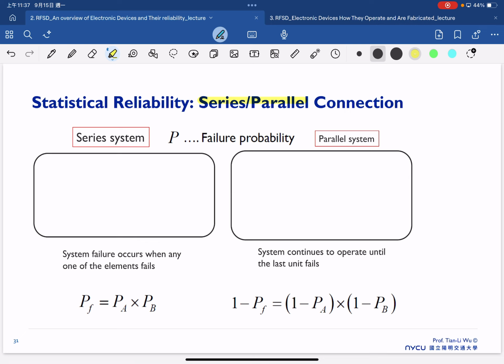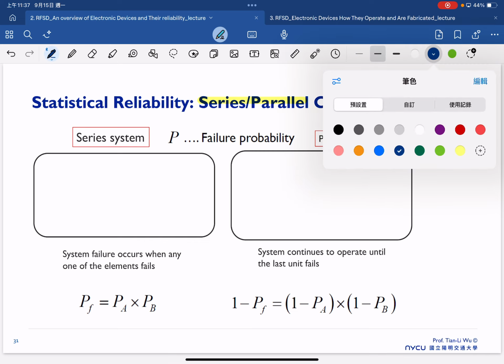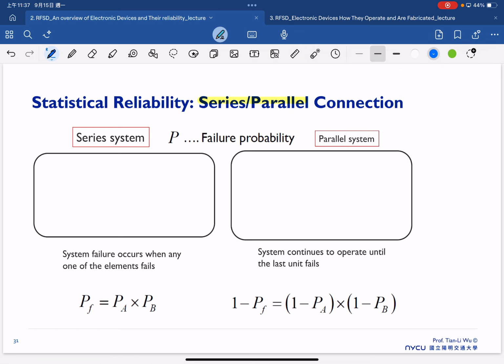So in the case of the series system, we just consider that we have two independent components that are connected in a series way. So you have a component A, you have a component B, and connected with each other in series, right? So that's why we call it series.